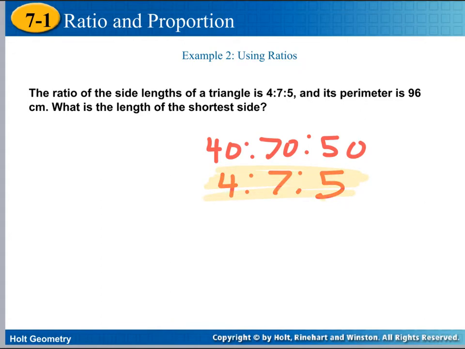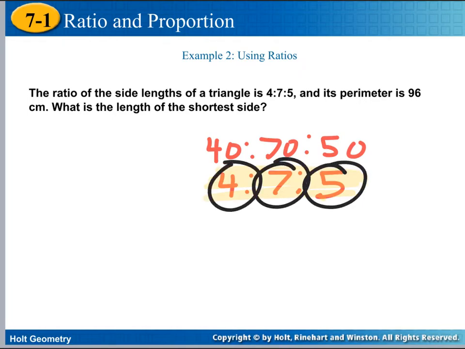What I do know, however, is that whatever number I multiply that ratio by, it's going to be the same for all three parts. So if I multiply by x, 4x is going to represent one side, 7x is going to represent another side, and 5x is going to represent the third side of the triangle.